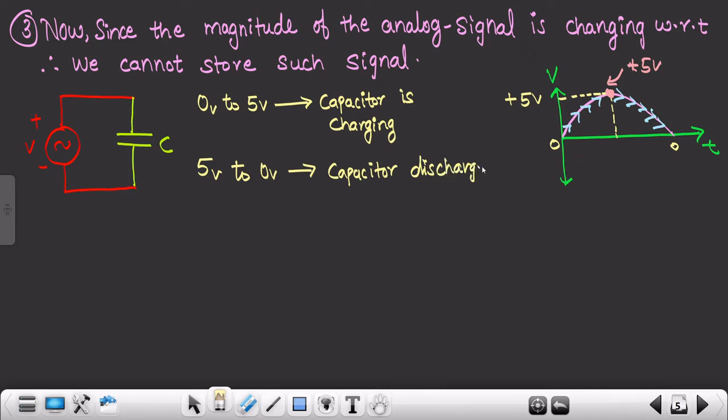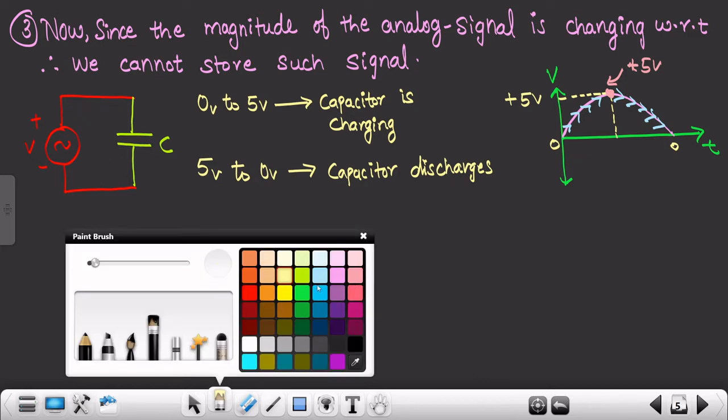Great. So that means over here, in the case of a sinusoidal waveform, the capacitor is not able to hold the charge, right? So this is the important conclusion.